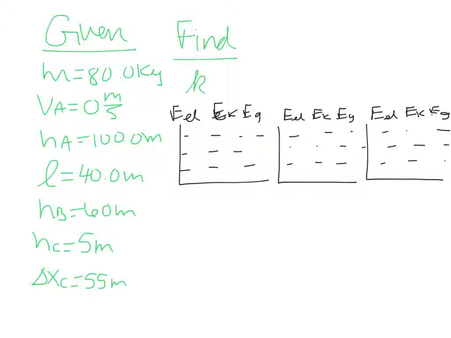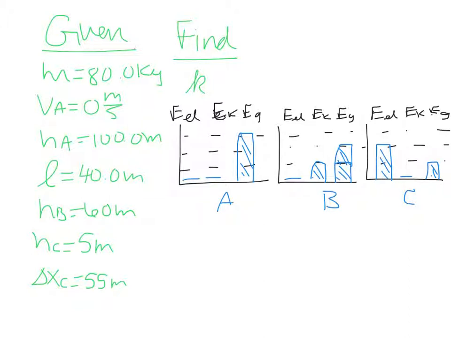Okay, so at A, there's no spring being stretched or compressed, not moving, and is above the base level. It's all EG. At B, the bungee cord is still not stretched, but he is moving and he is above the base level. And let's add a little bit more EG. And then at C, we can assume he comes to rest. He's still above the base level and the spring is now stretched out.